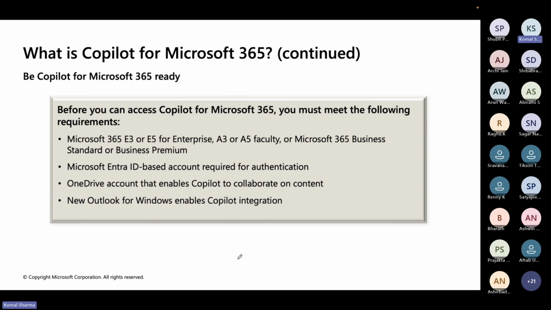Now the third is that you must have a OneDrive account, because Copilot can read all the emails, all the files and information which is available in your OneDrive. Okay. And it can help you collaborate on your content which is there in Teams, SharePoint, or OneDrive, or even in emails.